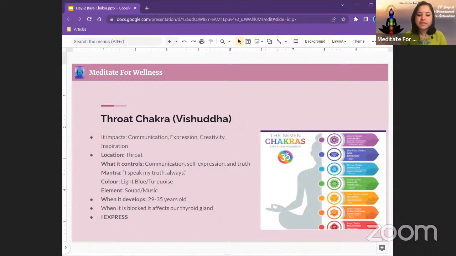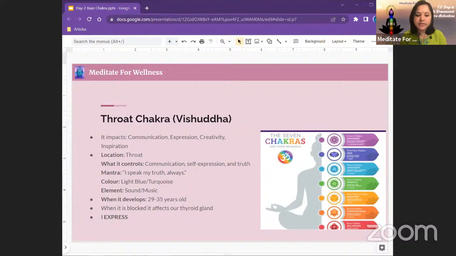The element here is sound, music, and it usually develops between 29 to 35 years of age. That is when we try to do things where we have a lot of relationships and we really want to maintain everything. And that is when we tend to change ourselves or our expression, affecting our self-worth or feeling.